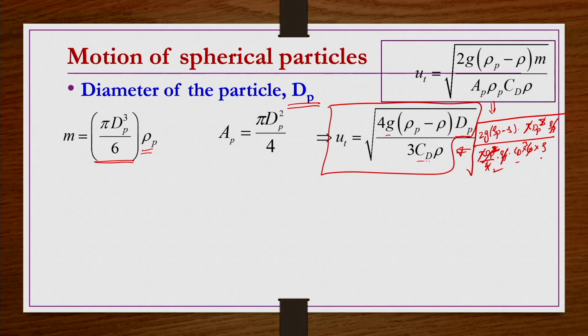REP less than 1, then we call it a Stokes flow regime, and for that condition CD is equal to 24 by REP. When you substitute that CD is equal to 24 by REP here, then we get an expression for the Stokes terminal velocity, or the terminal velocity for a spherical particle under Stokes regime.